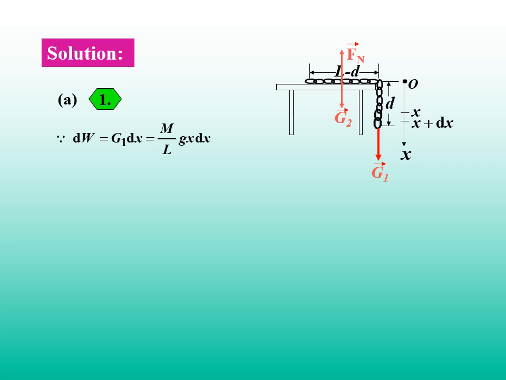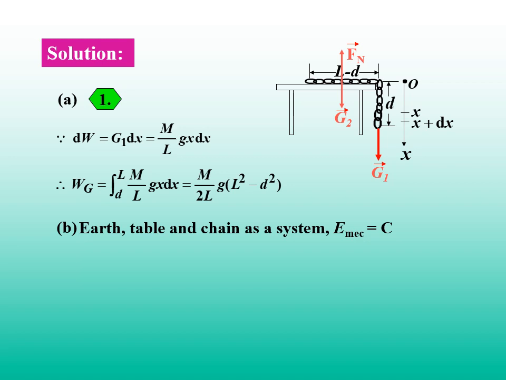At the moment that the whole chain leaves the table, the work W_g equals the integral of the elemental work from d to L, which equals m divided by 2L times g times (L squared minus d squared).